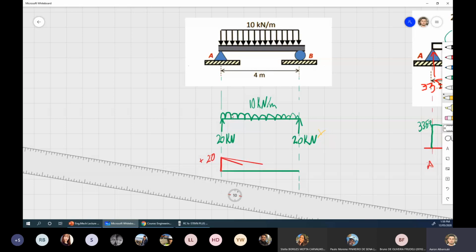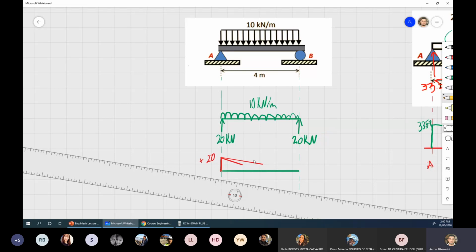You are going by a uniformly distributed load of 10 kilonewton per meter, and you have 4 meters of it. That means every 1 meter I'm going down 10 kilonewton. 2 meters, 20. 3, 30. 4, 40. Or you don't need all of this.